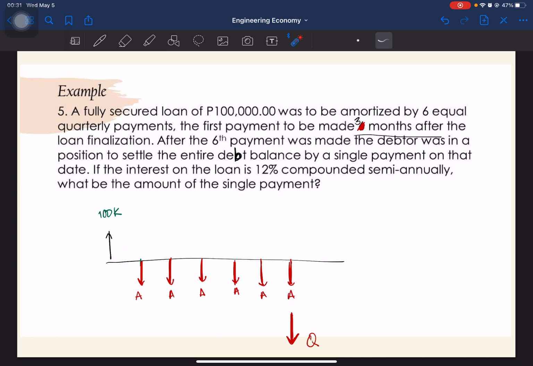debt. The problem is, una, merong kulang dito, I think. Okay? Walang value kung magkano yung A. And let's take this. Let's say, anyway, inventuhan na lang natin.